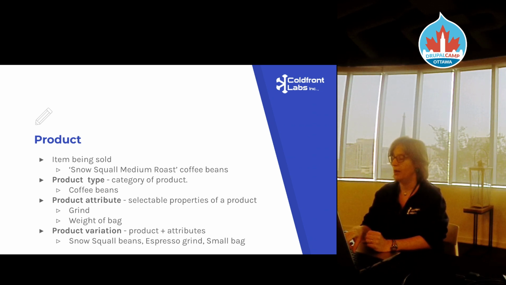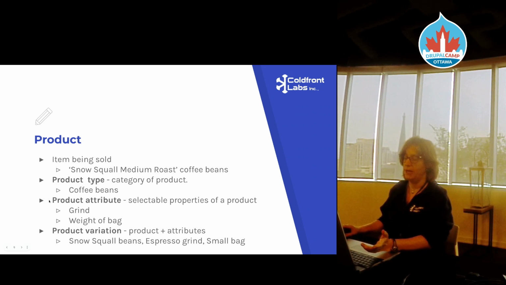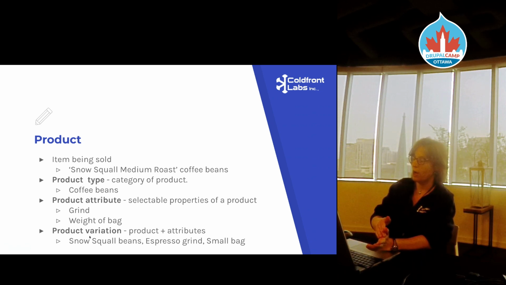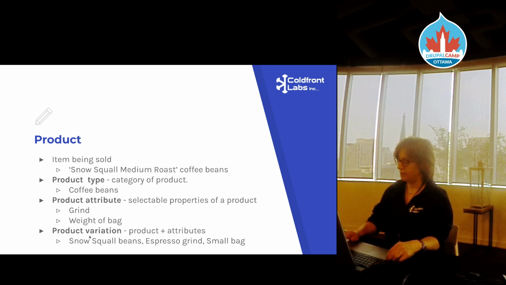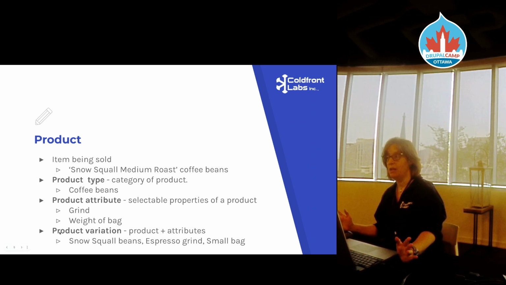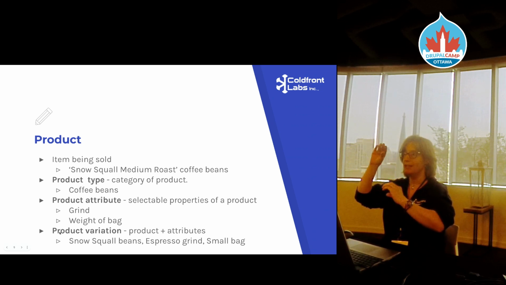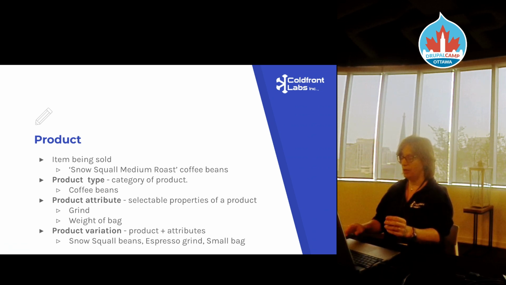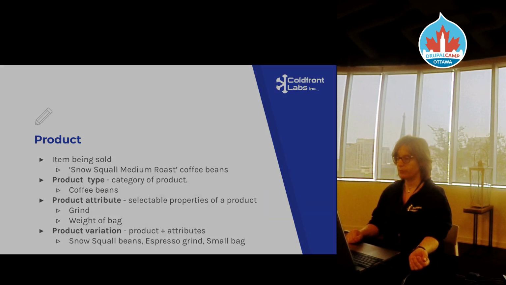So for example, the product variation in some cases could be snow squall beans with the espresso grind in the small bag. That's a variation. I didn't mention it here, but in Drupal Commerce, you have the product type and you also have product variation types. So you can control fields at both levels of this hierarchy of products.